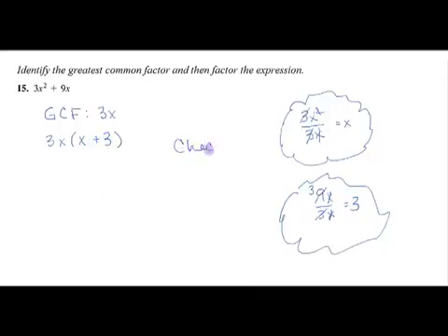Now to check this, we take the factors that we came up with and multiply them back out. So 3x times x is 3x squared, and 3x times 3 is 9x. I do indeed have the polynomial I started with, so this is the way that my polynomial factors.